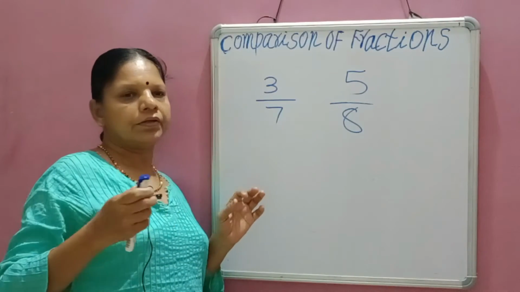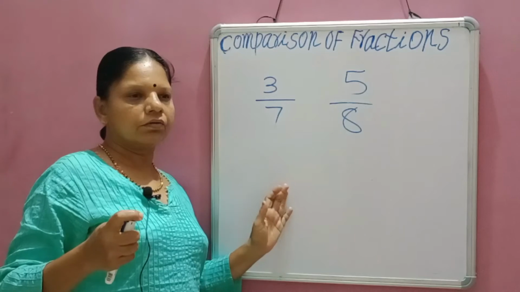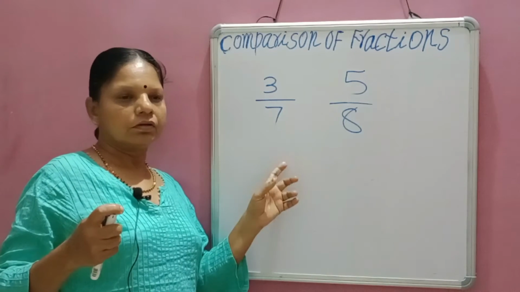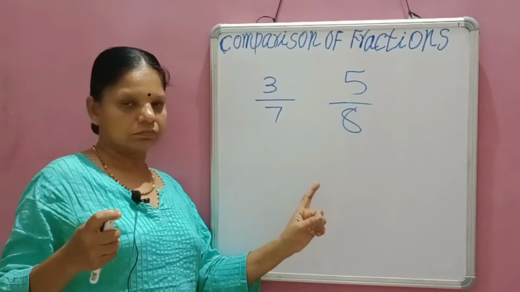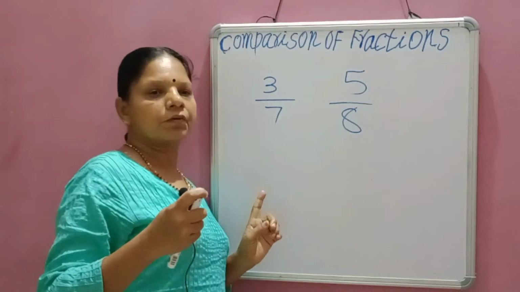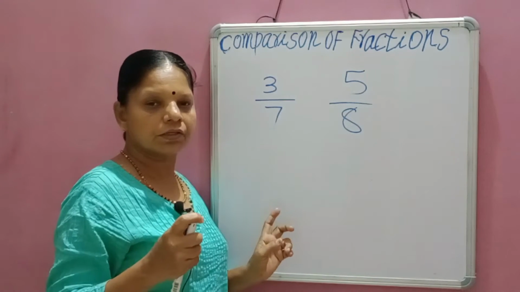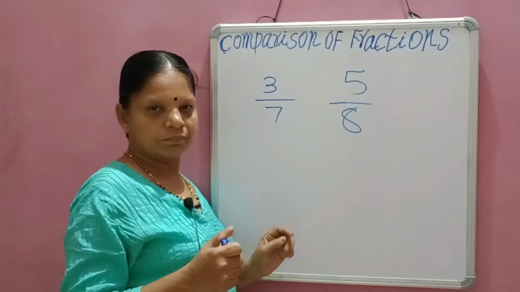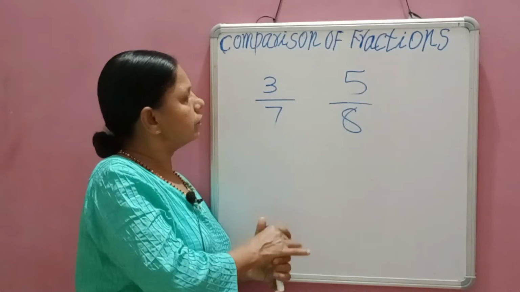You have to apply either case 1 or case 2. You can equalize either the numerator or denominator of both the fractions, anyone, by using the property of equivalent fractions. Multiply the numerator and denominator by the same number.